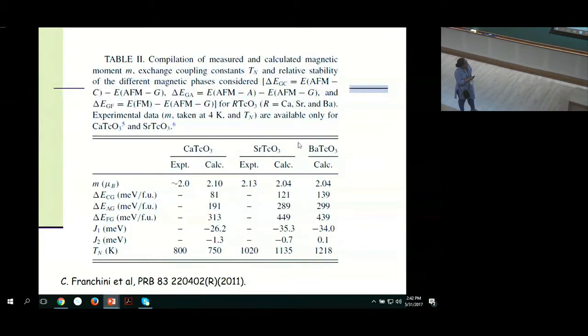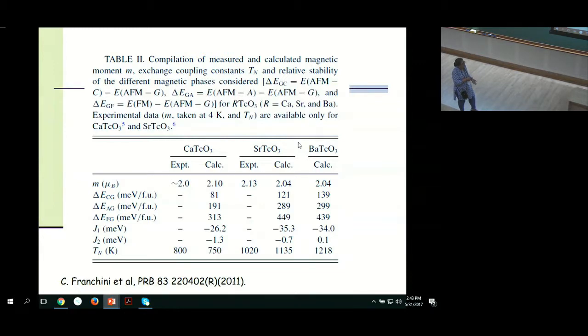Similarly, there were some theoretical calculations done by the WASP group people. They examined calcium, technetium oxide, strontium, and barium. As a rule of thumb, the technetium, oxygen, technetium angle is most distorted here, less distorted here, and it's 180 degrees in this case.